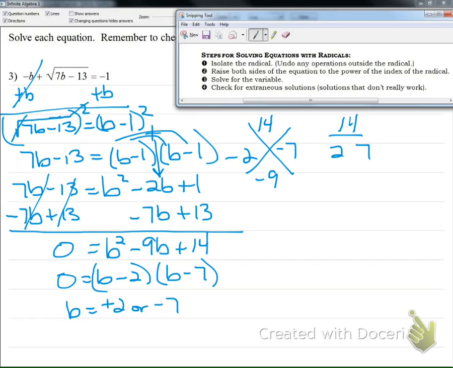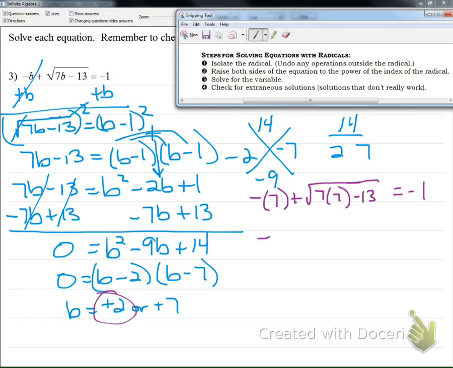Alright, now we need to check to see if both or just one of those solutions work. So let's plug in the 2. In my previous example, I've already done this once. It must have erased. Let me go ahead and show you the 7. I'll go back and show you the 2. It did work. So I plug in 7 for everywhere I see a B. Notice that at the beginning of the problem it was a negative b.